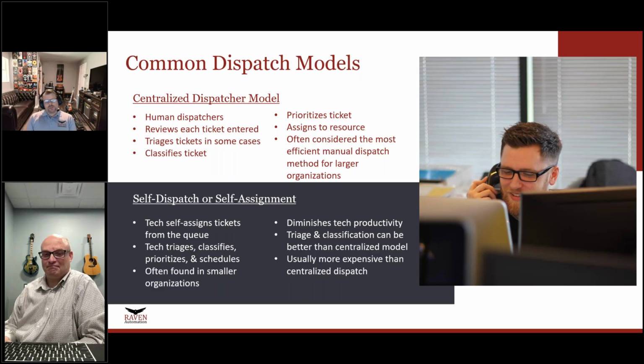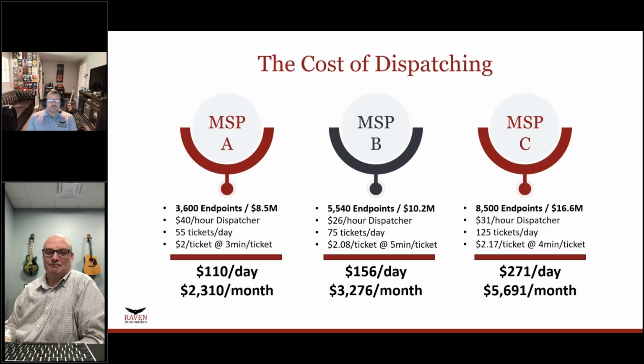So I had three of our partners earlier this week that were kind enough to share some actual data with us, so understanding the cost of dispatching. Specifically, we tried to target some of our MSP partners that were at various sizes.